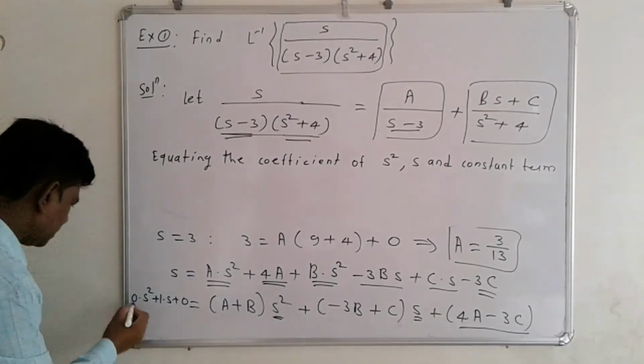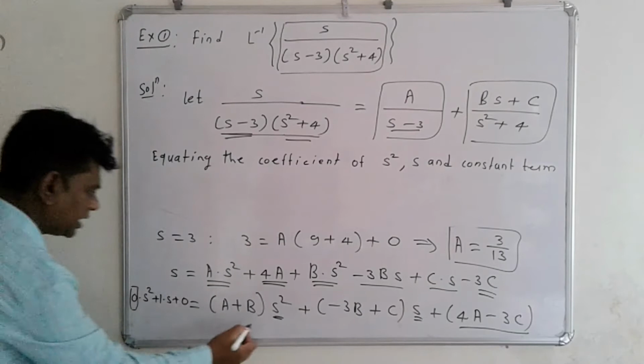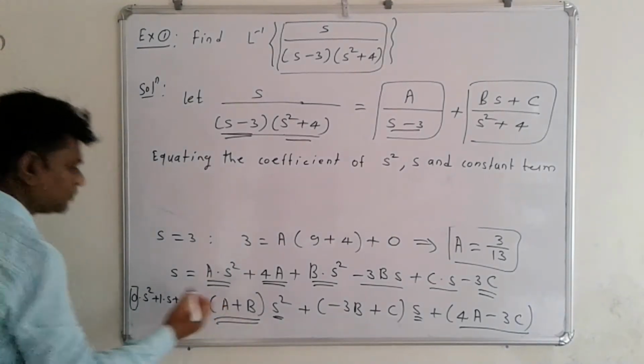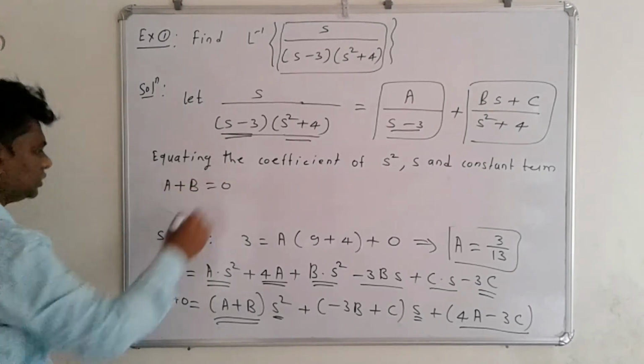So therefore here the coefficient of s square is 0, and on the other side the coefficient of s square is a plus b. So here a plus b is equal to 0.